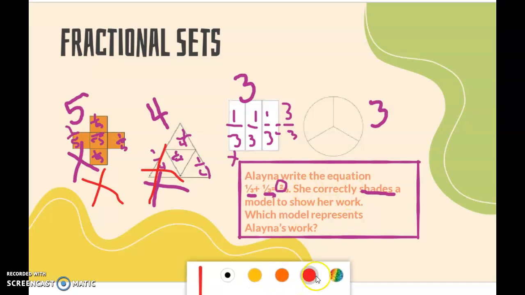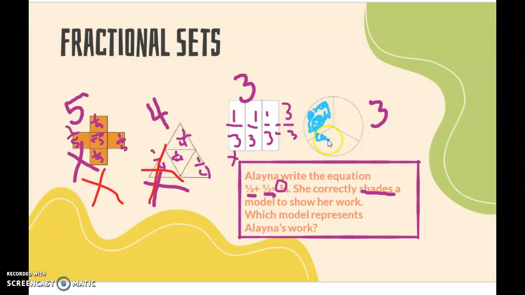Because again, remember, our numerator represents the shaded part. And since our numerator is 2, that means we only need to shade 2 parts to represent 2/3. Each part still represents the unit fraction 1/3.